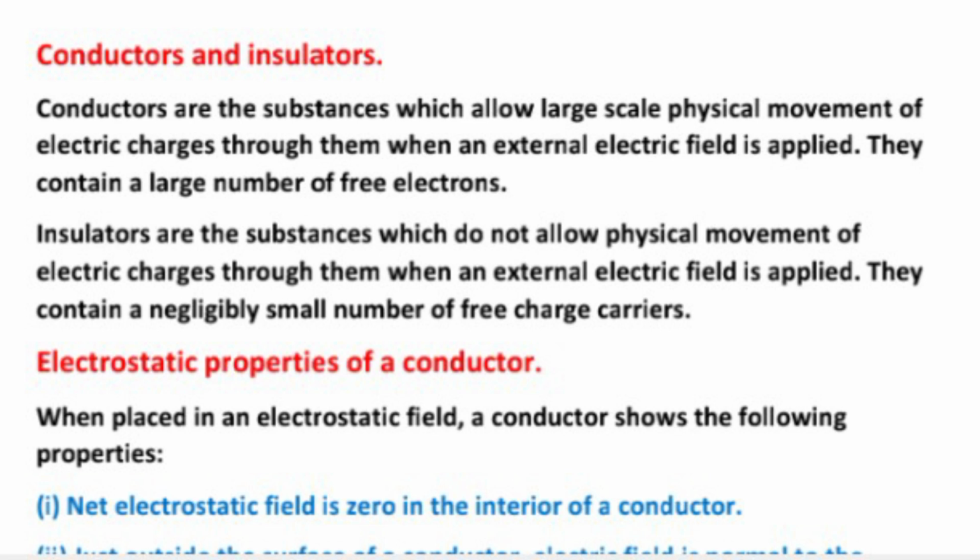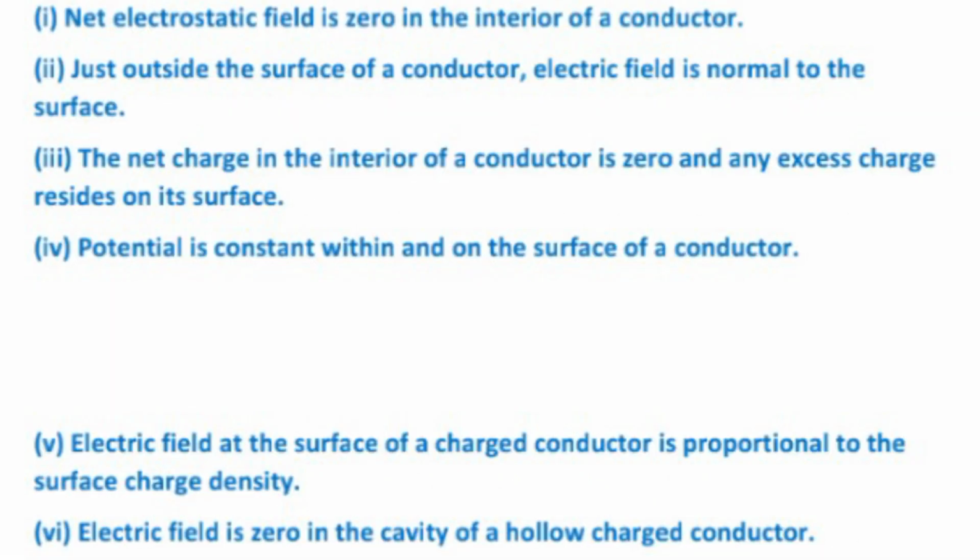Electrostatic properties of a conductor. When placed in an electric field, a conductor shows the following properties. First, the net electrostatic field is zero in the interior of a conductor. Second, just outside the surface of the conductor, the electric field is normal to the surface.